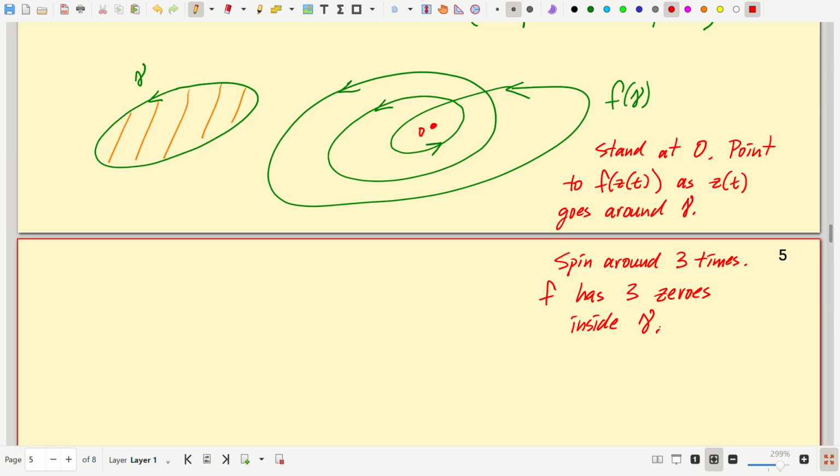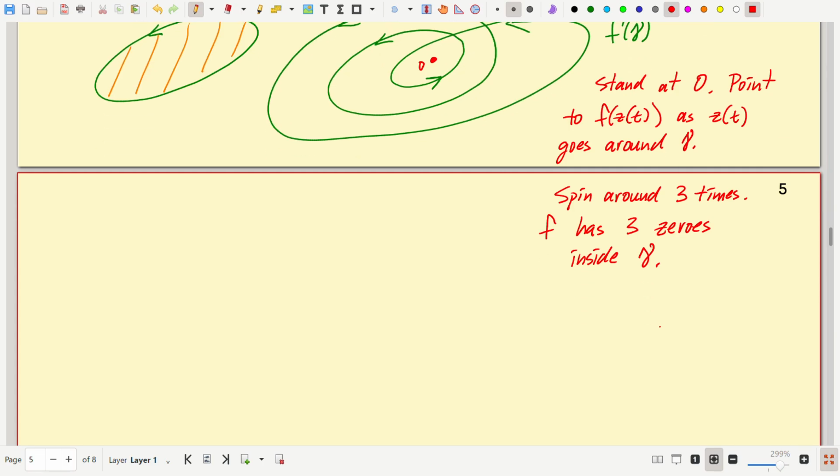Okay. That's cool. And let's see, how could it have 3 zeros? It could have 3 simple zeros. That would add up to 3. It could have 1 double zero and 1 simple zero.